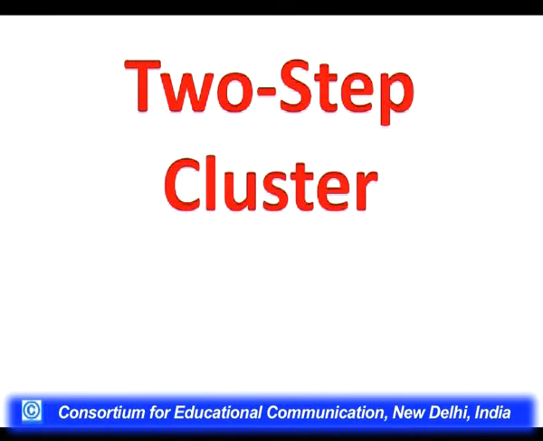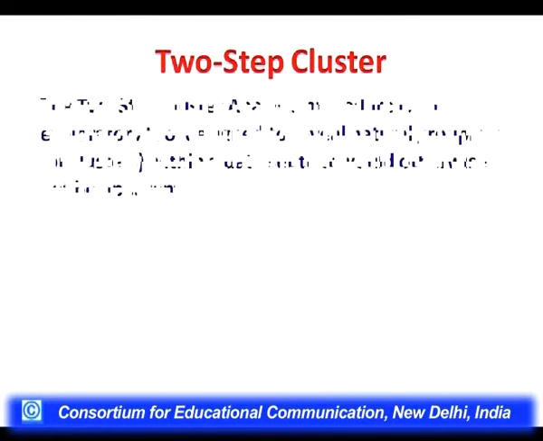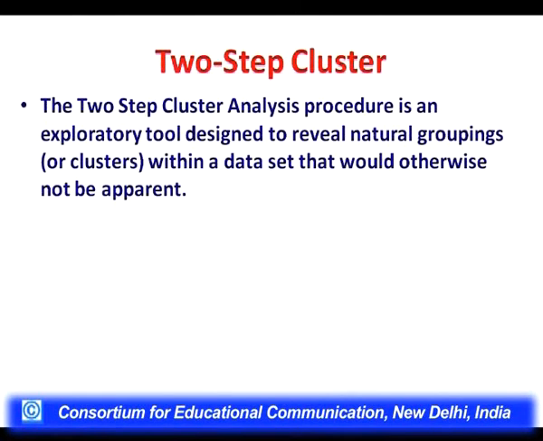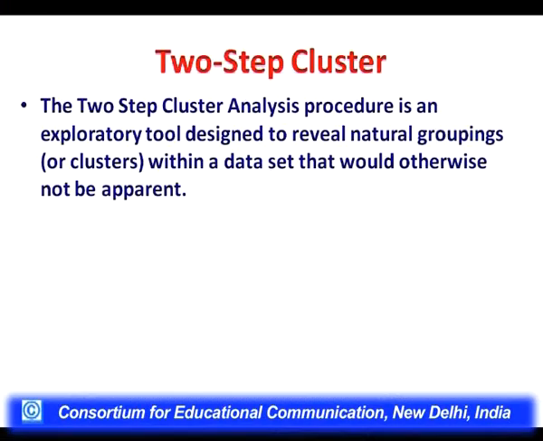So, now two-step cluster, we will explain it. The two-step cluster analysis procedure is an exploratory tool designed to reveal natural groupings or clusters within a data set that would otherwise not be apparent. So, this will tell us the grouping of the data when we carry out two-step cluster.